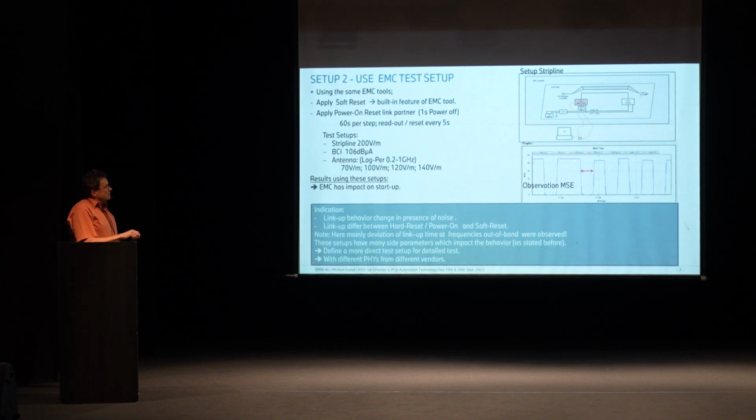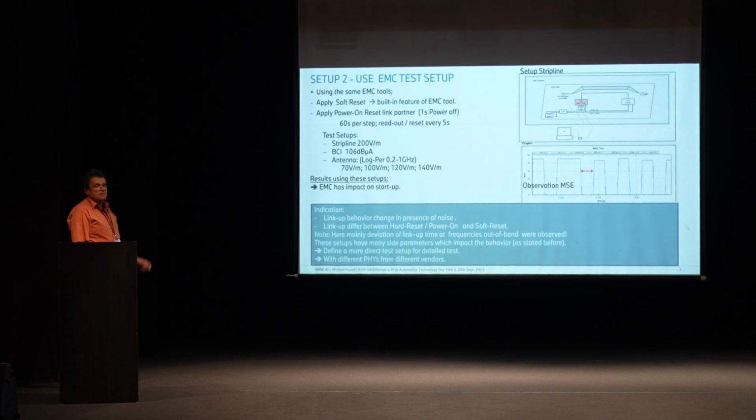One criterion is whether I see a big MSE value or, because it is a fixed 1 second power down, a prolonged gap before the link is re-established. It confirms the same, and it proves that the report from the first year was correct, that he was not wrong. And what about different vendors, different PHYs?